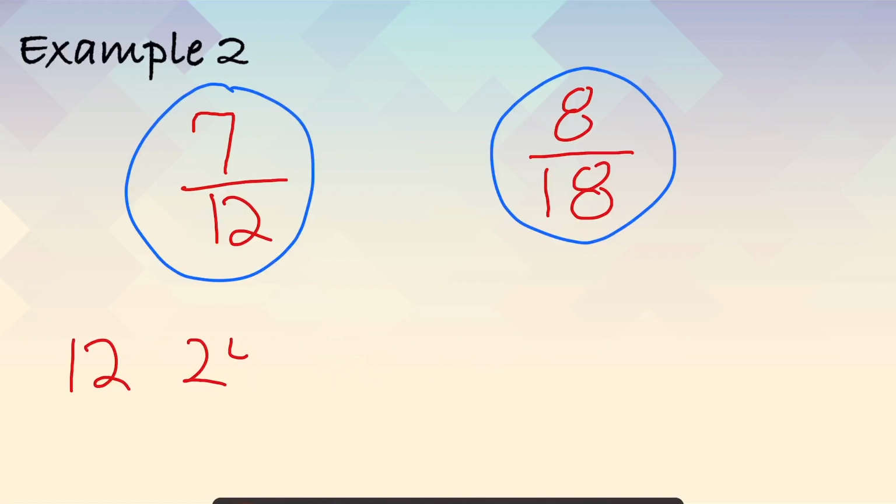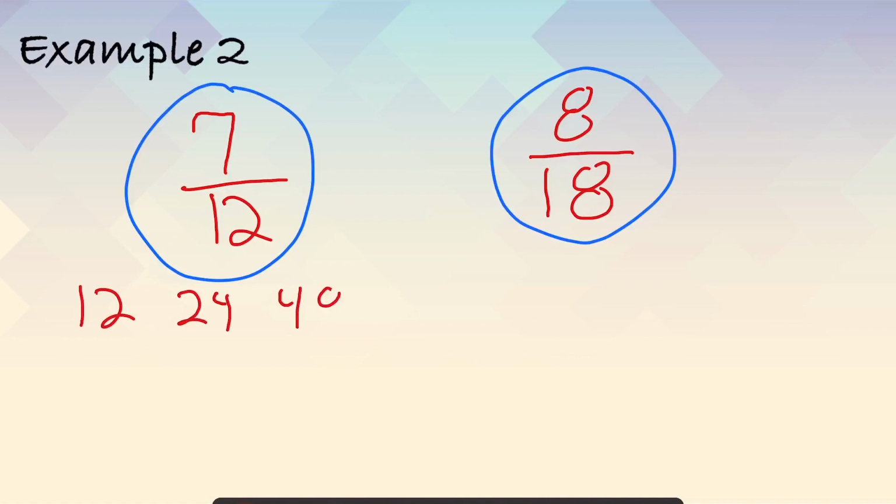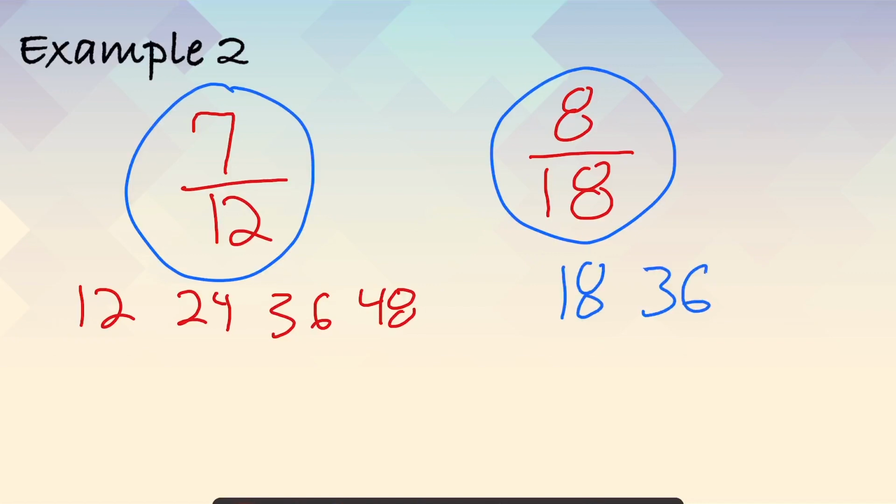Multiples of 18, I'll go ahead and write these out: 18, 36, what would be next? 54. Okay?